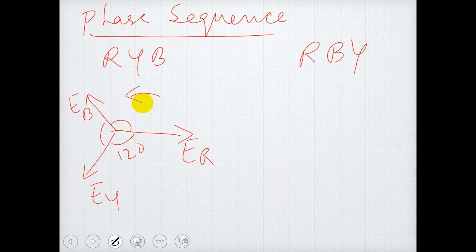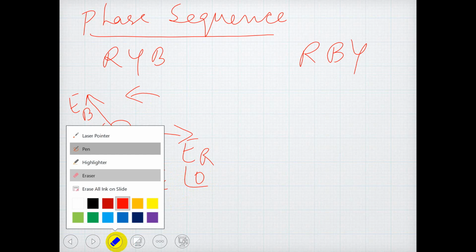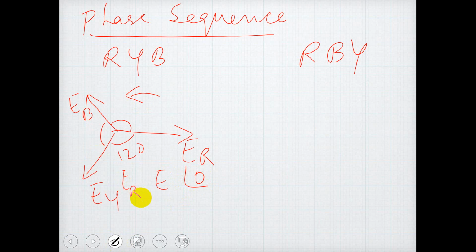If you take anti-clockwise, and we refer to ER as the reference at 0, then ER is equal to E at an angle 0.